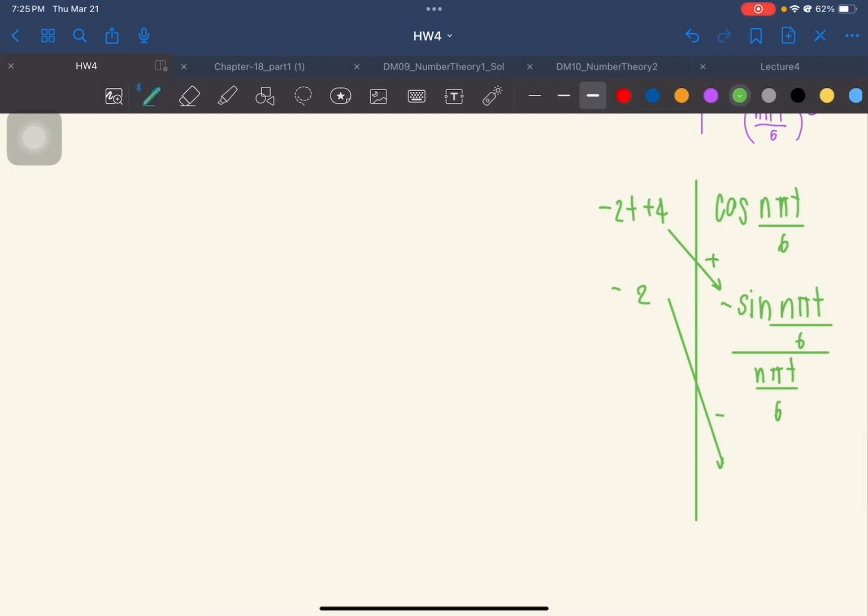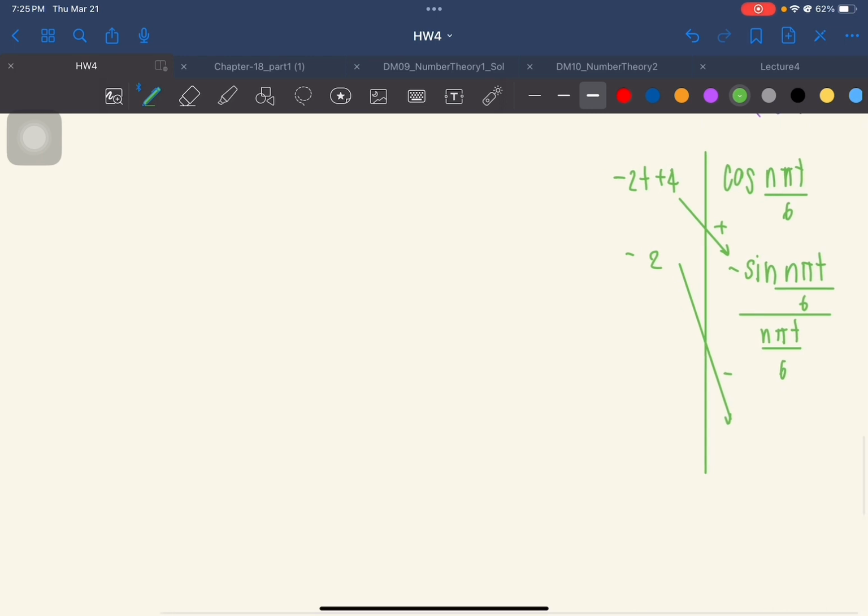Okay, I'm wrong. And differentiate again, the derivative of a constant is 0. So integrating sine gives minus cos.